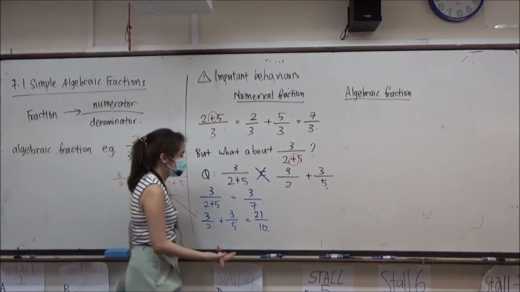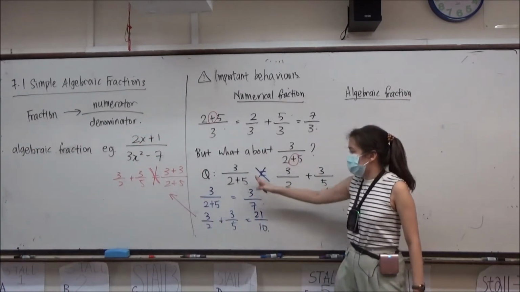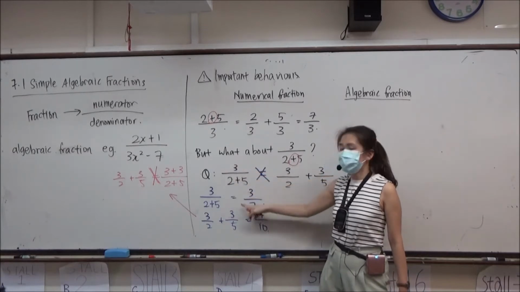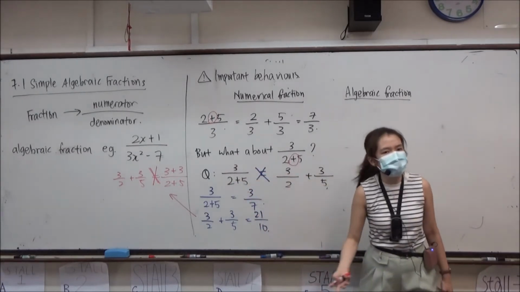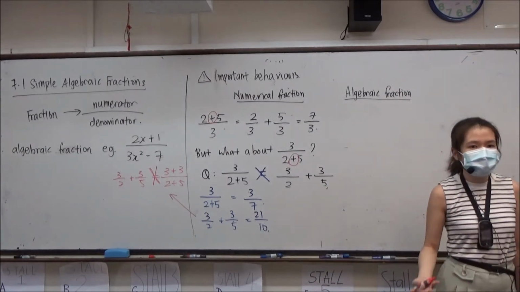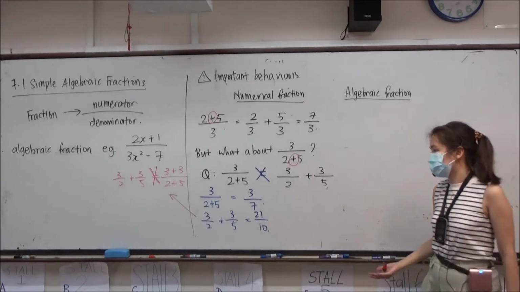I just want to show you that if the left side of the equal sign is 3 over 7 and the right side is 21 over 10, surely they cannot be equal, right? We know definitely that these two numbers are not equal.